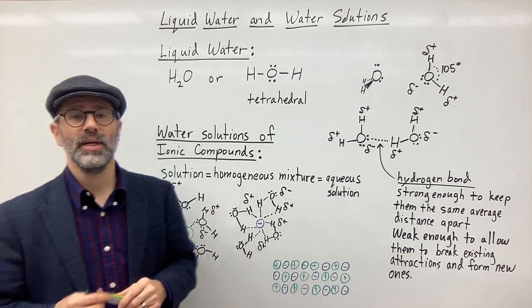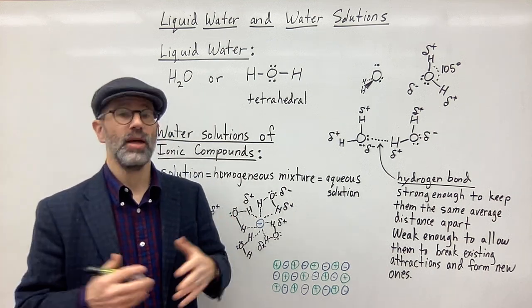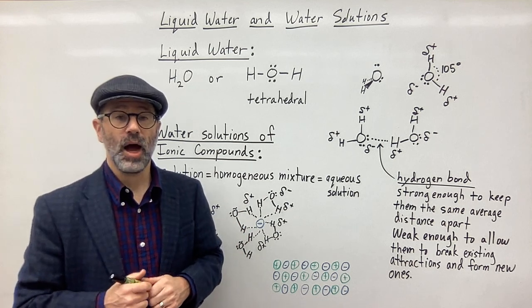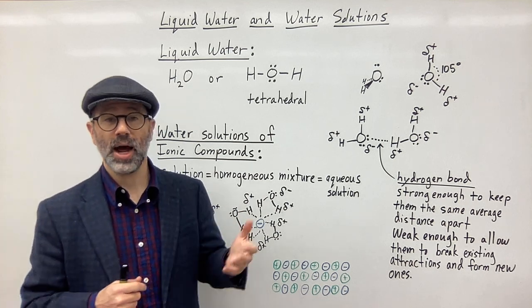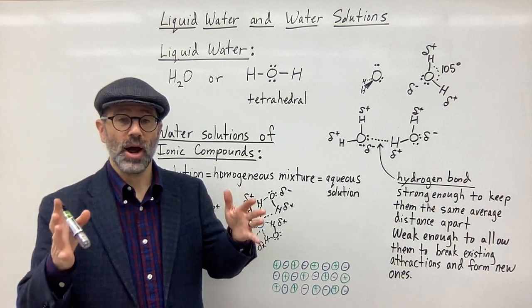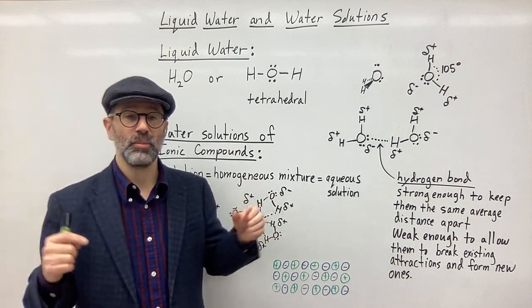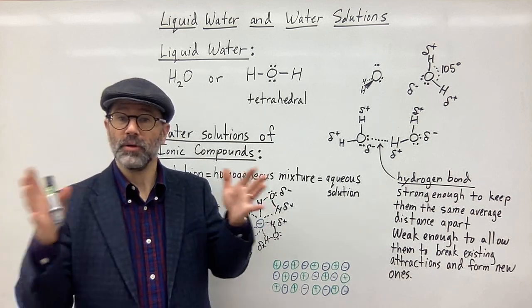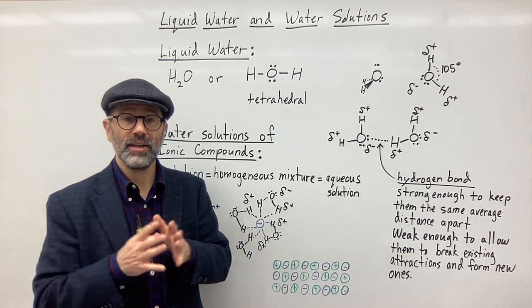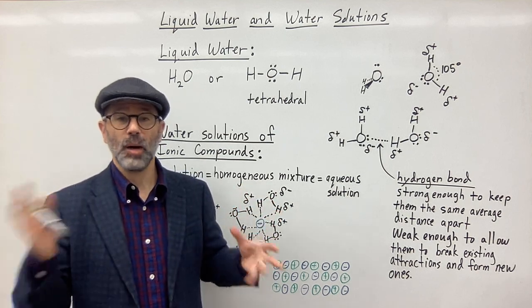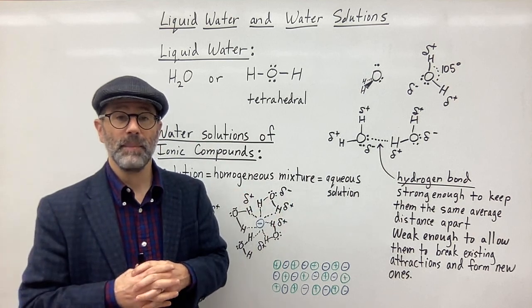Another example is something like an alloy of metals, right? If you take brass, for example, or bronze, when you look at the brass or the bronze or steel, it looks like it's one type of metal, right? It looks like it's one substance. But in reality, it's a couple of different substances mixed together.